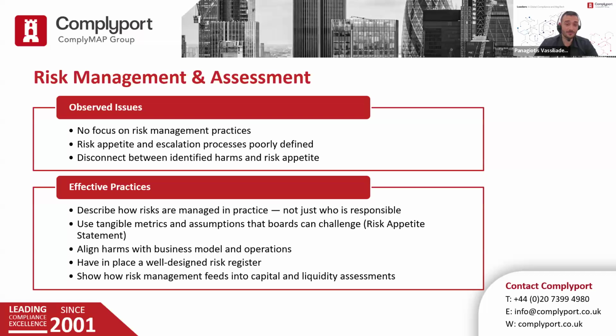So having a well-designed risk register will help you identify, assess, mitigate, monitor, and make sure that the additional capital requirement that you will estimate based on the model we explained before is actually adequate to cover the residual risks for each harm you have identified. In this process of risk management assessment is where the governance meets the real world risk.